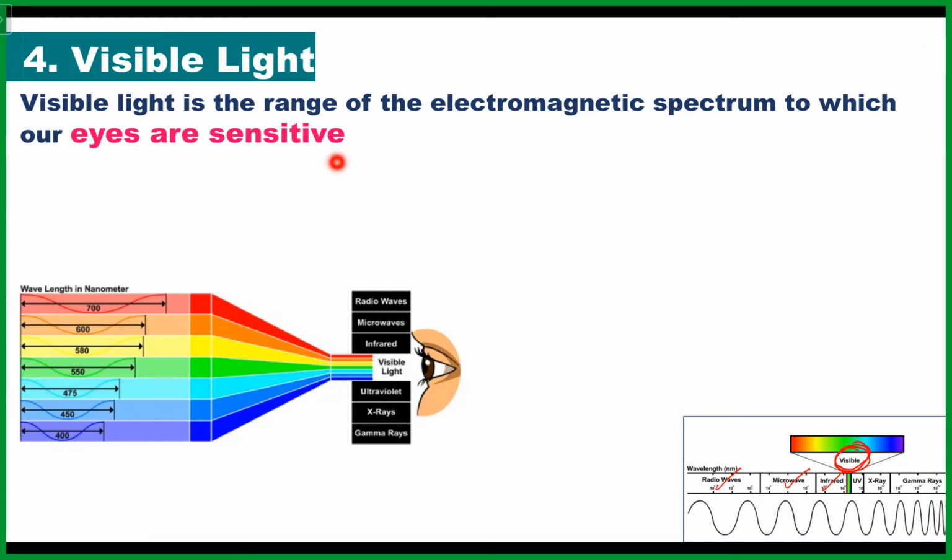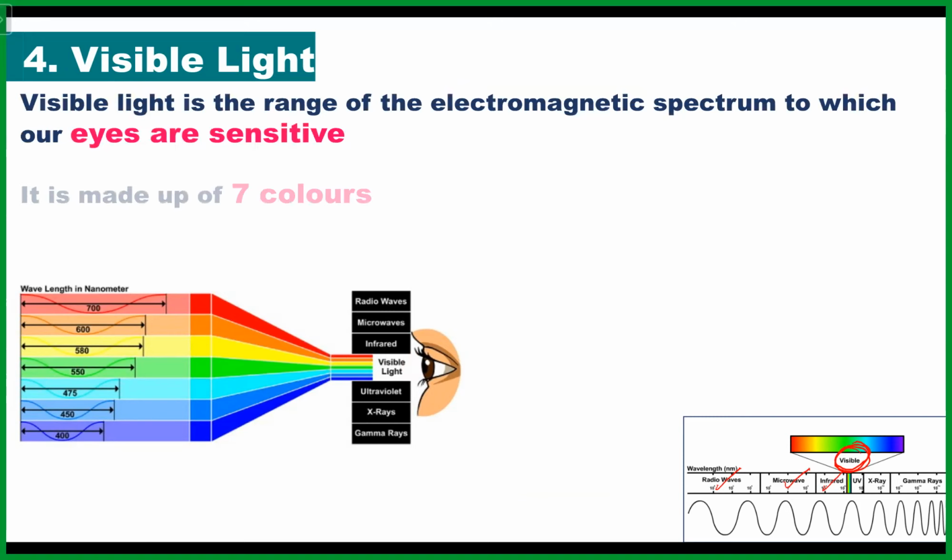So our eyes, the human eye, is only sensitive to visible light. We are only able to see visible light from the whole electromagnetic spectrum. So we're not able to see radio waves, nor microwaves, nor infrared radiation, or any other type of electromagnetic waves. The only waves that are visible to us are the visible light.